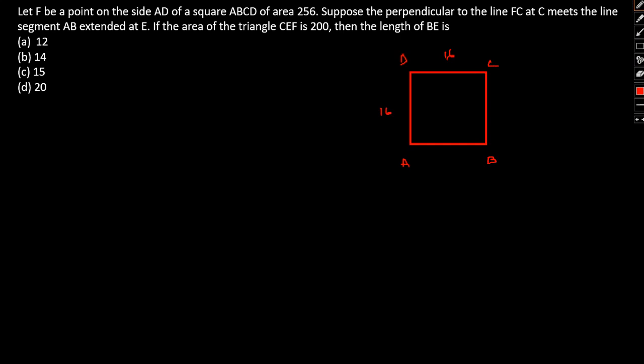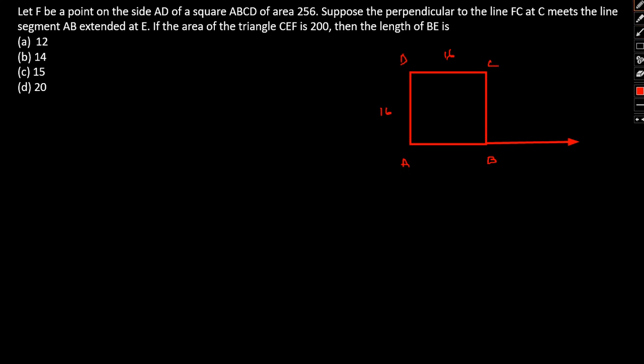Now it's given that AB is extended to E. So let's extend AB to E. Let F be a point on the side AD.